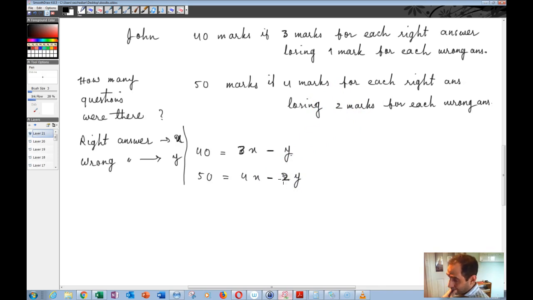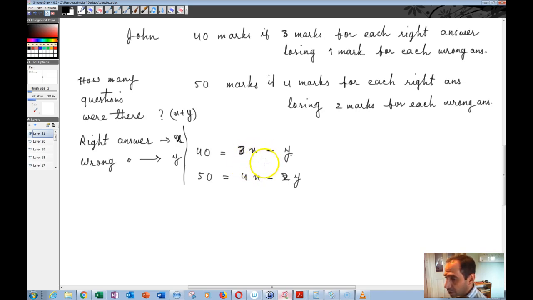If you find your x and y and add them together, that will give you the total number of questions on this test, because the number of questions is the number of right answers plus the number of wrong answers, assuming you answer all of the questions, either right or wrong. That's the assumption I'm making. So the number of questions is going to be x plus y.